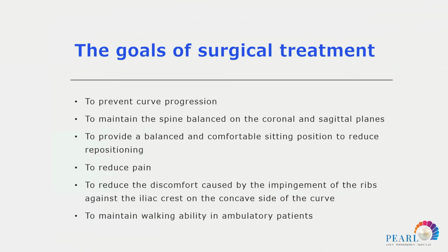The goal of the treatment is to prevent the curve from progressing, to maintain spine balance in the coronal and sagittal planes, to provide a balanced and comfortable sitting position, to reduce repositioning, to reduce pain, and to reduce the uncomfortable feeling that comes from the ribs pressing on the pelvic crest in this kind of patient, and to maintain walking ability in ambulatory patients.